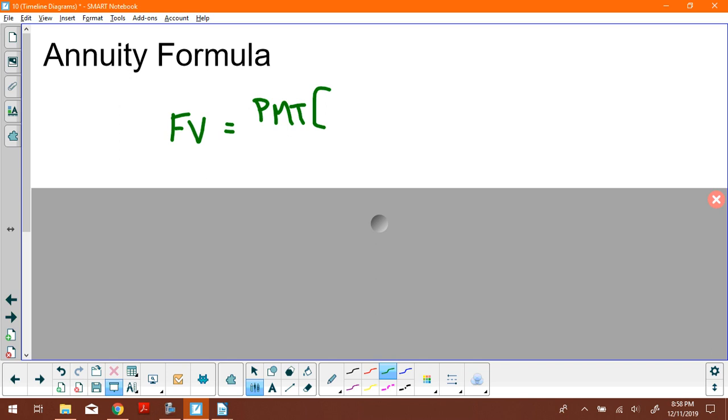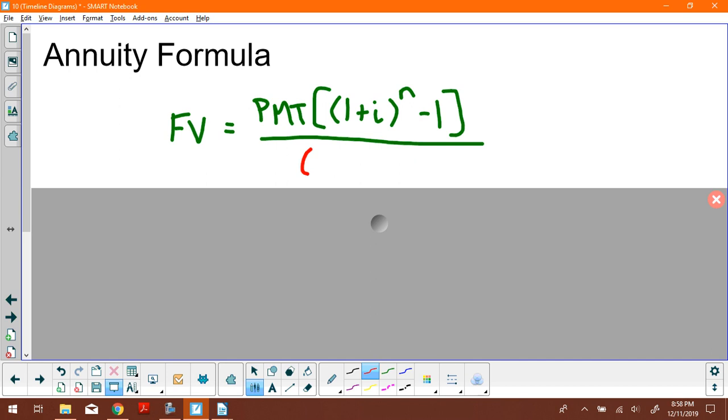What was I multiplying by? That was originally 1 plus i in the compound interest formula. It's to the power of n, minus 1, on the bottom. Don't write this down just yet. Again, my r is 1 plus i, take away 1. But if I tidy that up, those 1s will cancel out, so my denominator is really going to be just i, my interest rate per compounding period. And there you go. That is your annuity formula.